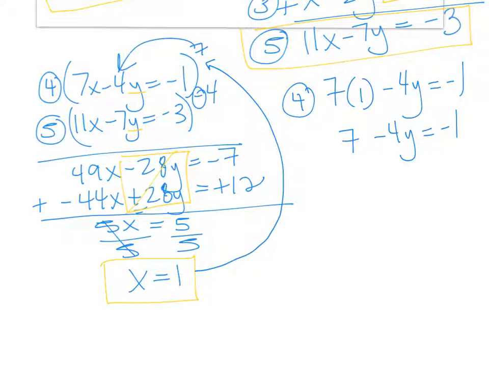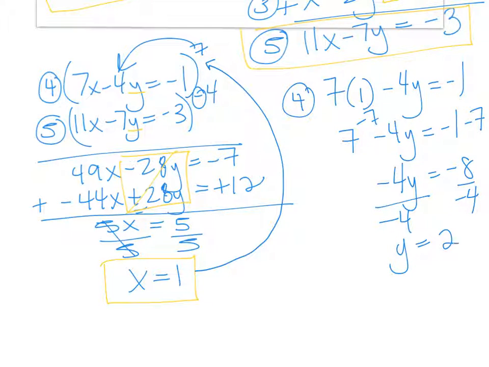I'm going to move my 7 over to that other side. That's going to give me negative 4y is equal to negative 1 subtract 7, which is negative 8, and then divide both sides by negative 4, and y is equal to positive 2. And now I've solved for my second variable.